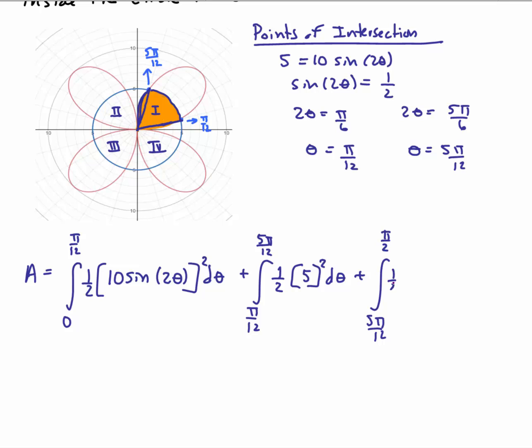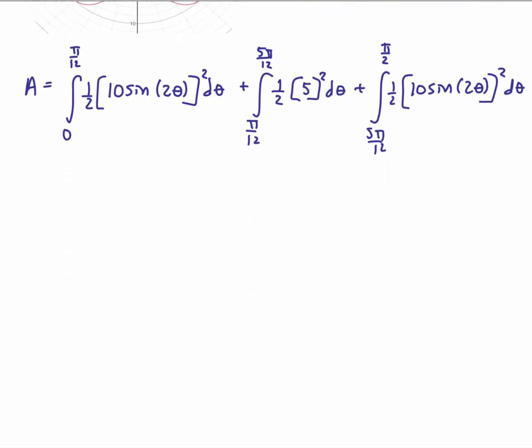And that is going to be 1/2 of that rose piece again, which would be 10 sine of 2 theta quantity squared d theta. So I have these 3 regions within that one region 1. And once I find this, then I'll just multiply by 4 for my final solution.